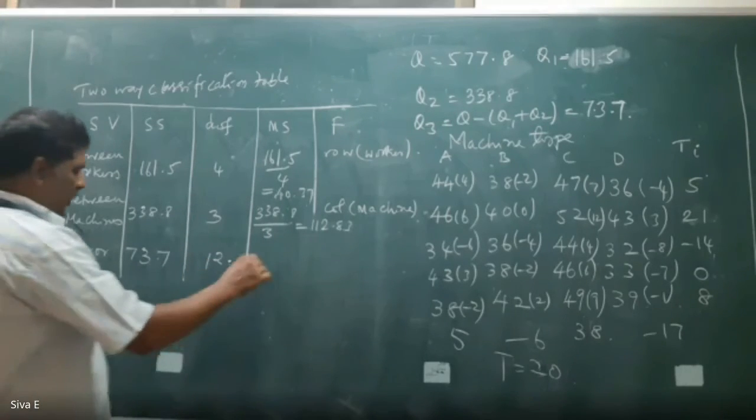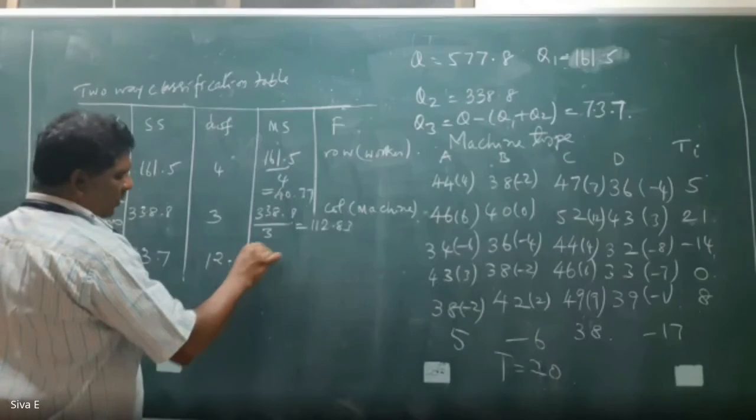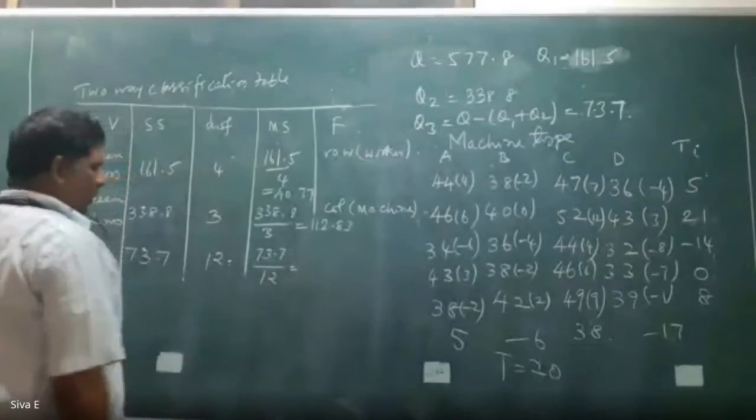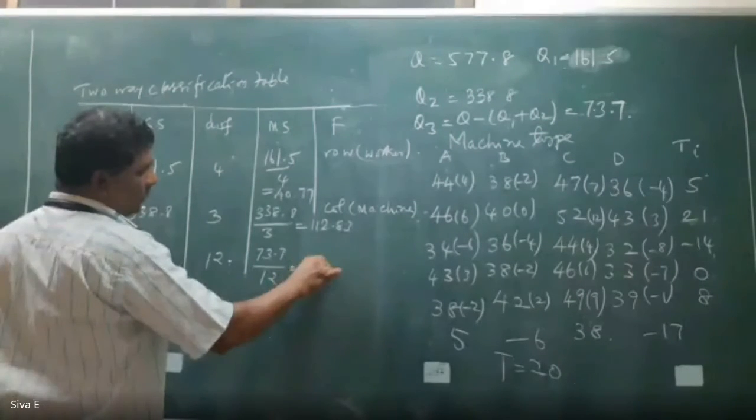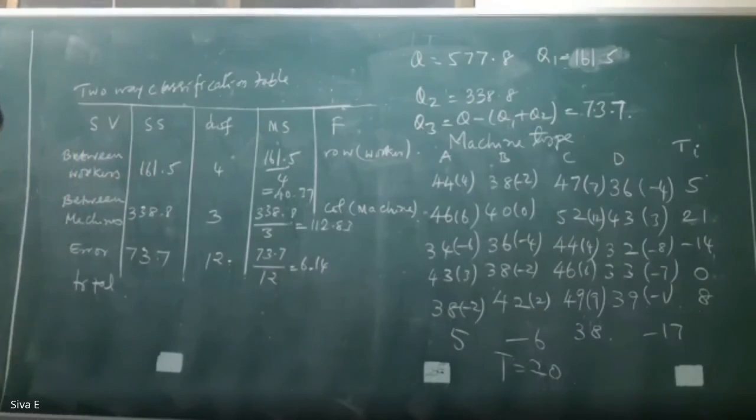So 73.7 by 12. Check that it is correct or not. The value is 6.14. So 6.14.